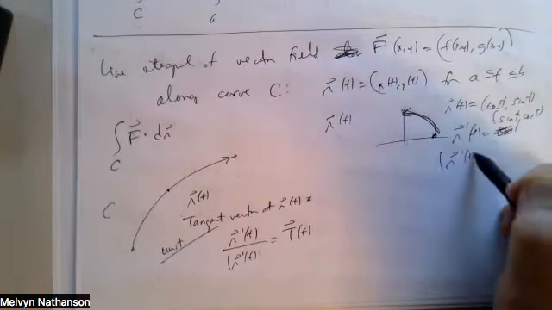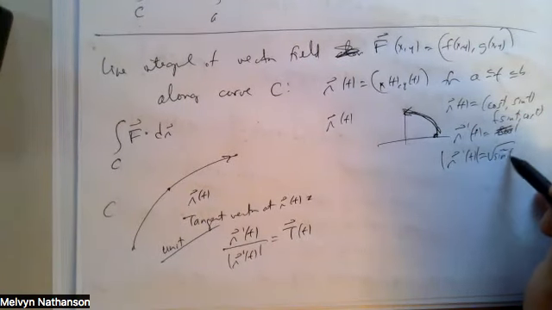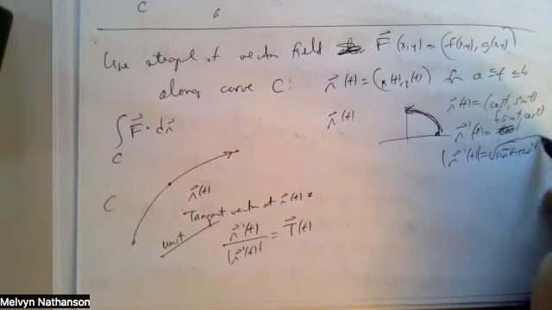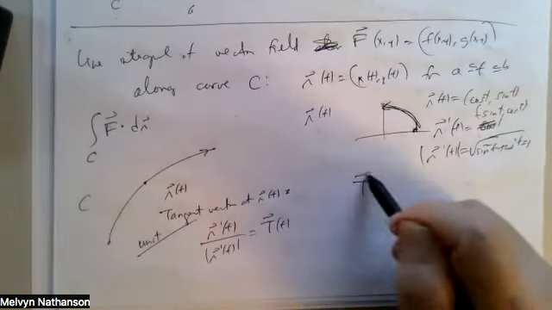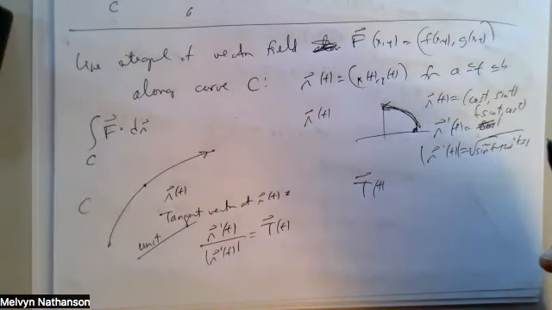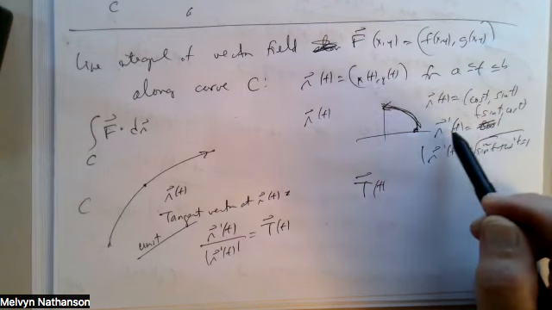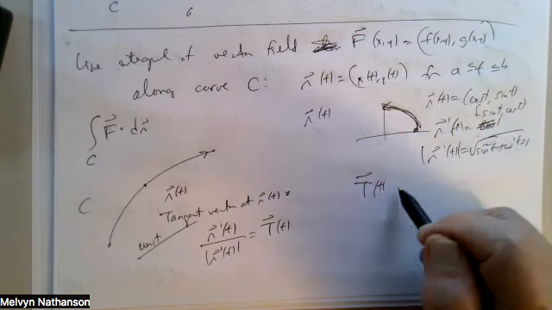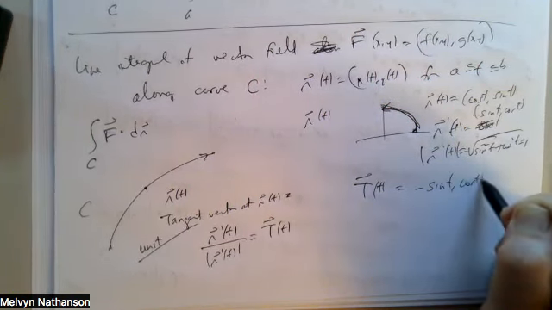The length of this is the square root of sine squared t plus cosine squared t, which is 1. So the unit tangent vector on this quarter circle is the tangent vector divided by 1, simply minus sine t, cosine t.